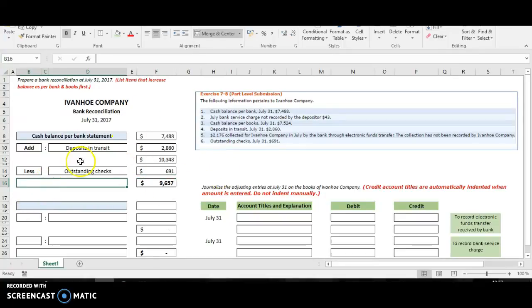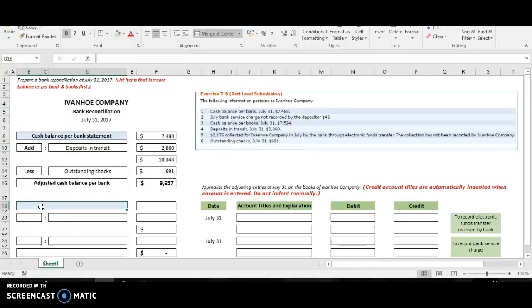And if we do all that operation, that's going to give us the adjusted cash balance per bank, which is going to be a total of $9,657. Okay, so that's the first part.